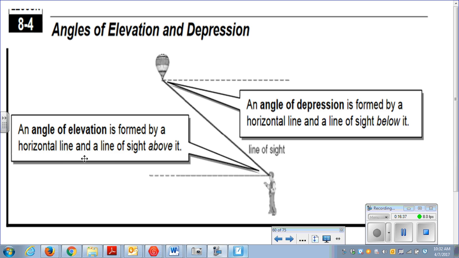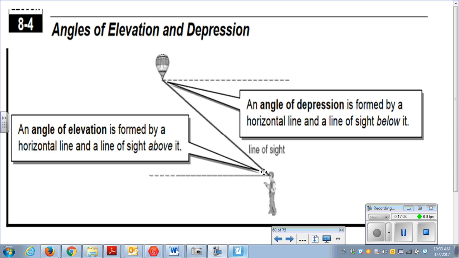On this one here, notice how the horizontal line is here and the line of sight goes above the horizontal line. That's elevation. And if you're starting with a horizontal line and your line of sight goes down, then that is an angle of depression. It's focusing on the angle in between the horizontal line and the line of sight.